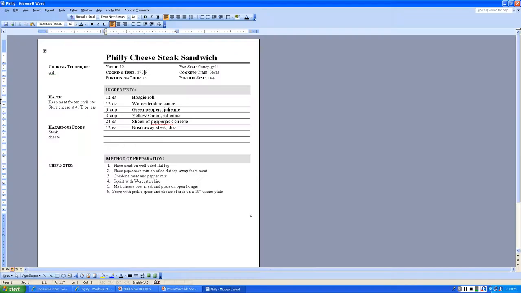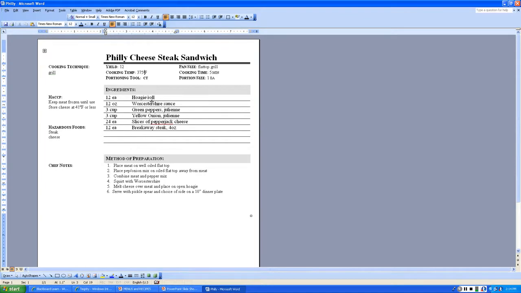I can look at this recipe, and as we get a little bit further on in the week, I will start showing you some product guides. But I know that I need 12 hoagie rolls, and so I go to my product order guide, and I find my box of hoagie rolls, and it has 36 of them in there, and it costs a certain amount. I know exactly how much each one of these hoagie rolls costs.